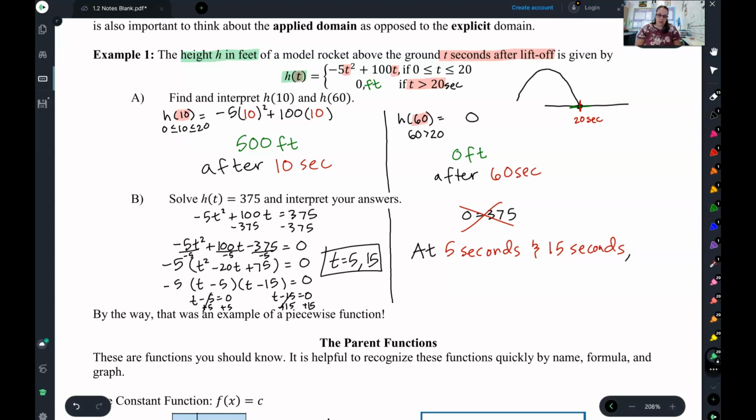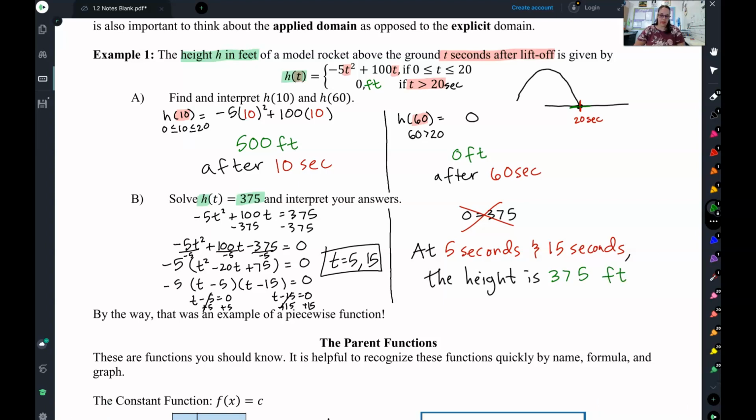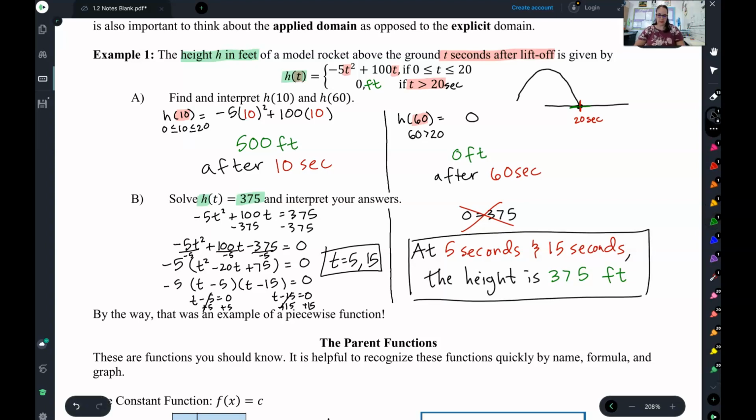Well, we set this whole equation equal to 375, meaning that h equals 375. h is height. So at 5 seconds and 15 seconds, the height is 375 feet. So there we go. That's our interpretation, and we are done.